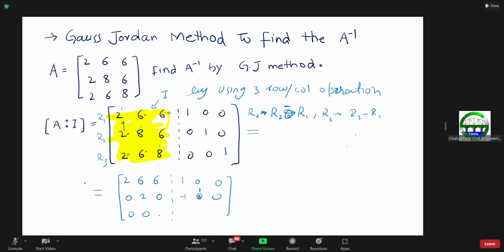It will be equal to 2, and this minus this is equal to minus 1, 0, 1. Okay, now, let's start again. I was confused as well.